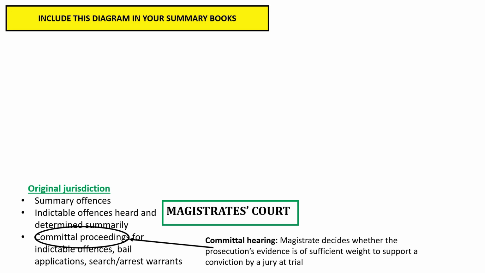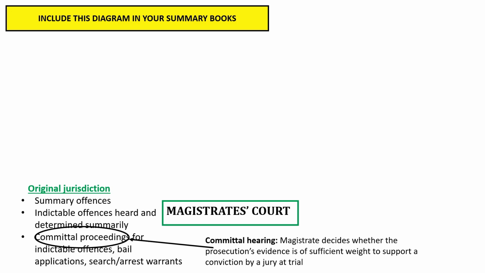This is because, although the Magistrates' Court hears committal proceedings for indictable offences, that hearing is not a trial to determine whether the accused is guilty or not guilty of the indictable offence. It is only if the magistrate commits the accused for trial in the County Court or the Trial Division of the Supreme Court that the accused's guilt will be determined at a trial of the accused in the County Court or the Trial Division of the Supreme Court.